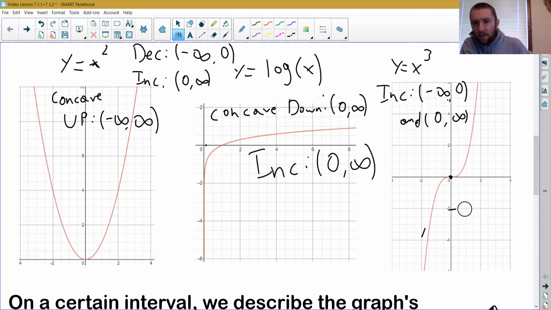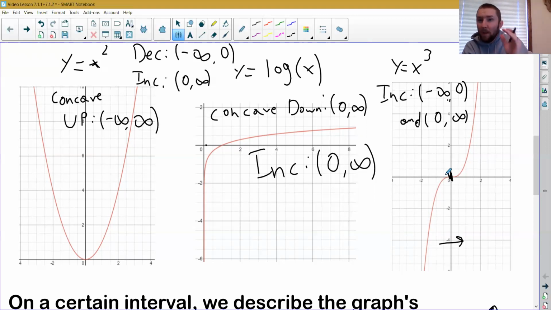Now, this function x to the third is one where the concavity actually changes, okay, and it changes right here. Because this piece of the function, when x is negative, as x is going this way, the slope starts out very, very steeply positive, right? Steeply positive, and then as we get close to 0, it sort of flattens out, right?